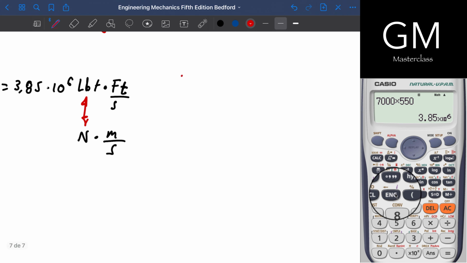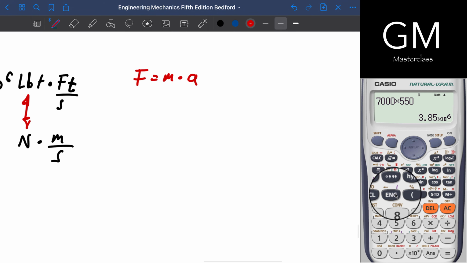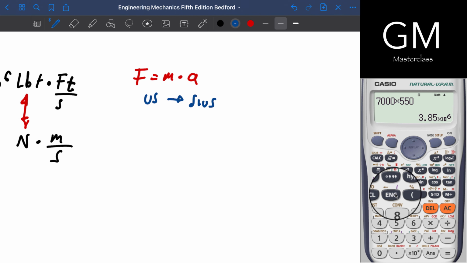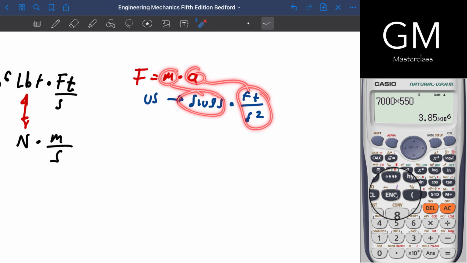When we talk about a force, because of Newton's second law, it is equal to a mass multiplied by an acceleration. Then, in US customary units, we are talking about slugs multiplied by feet per square second. Here you can see that slugs are the mass units and the acceleration units are feet per square second.